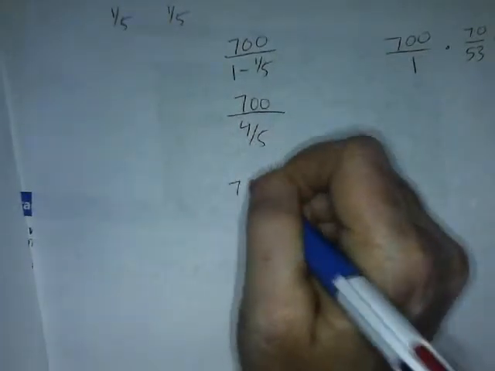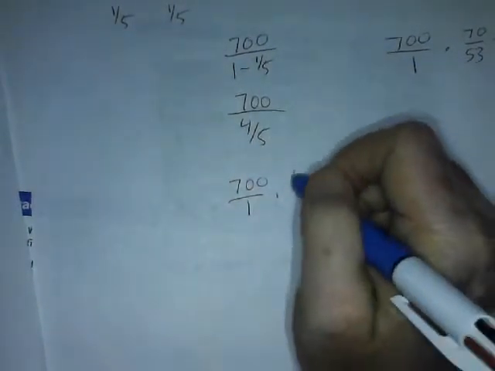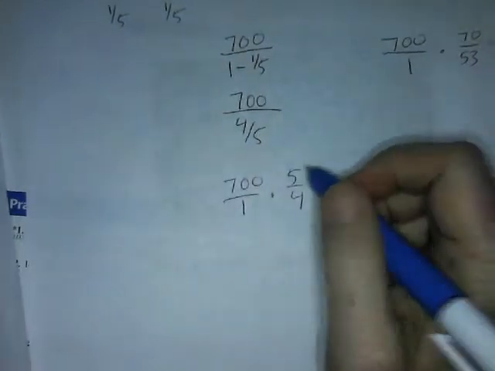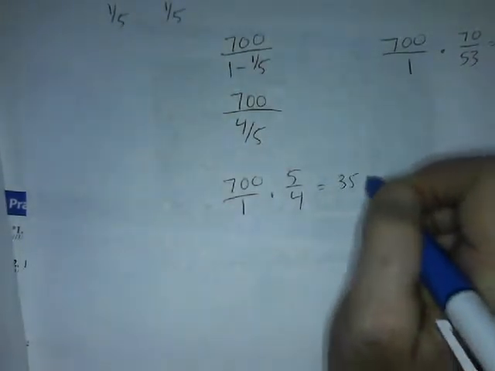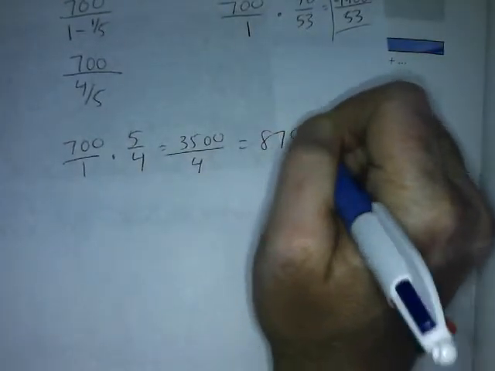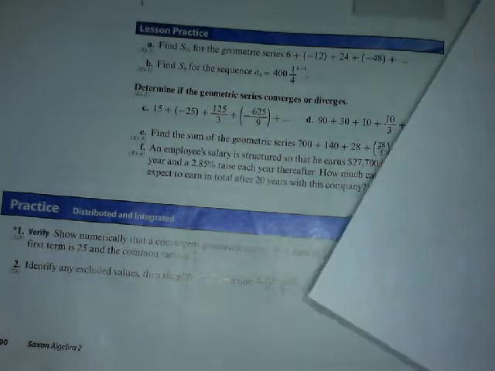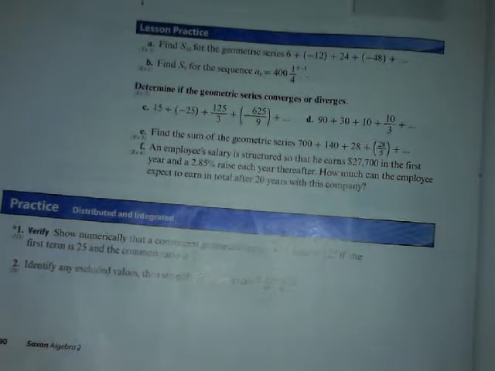Okay, and then if I go 700 over 1 times 5 over 4, that's 35 with 2 zeros over 4, and I'm sure that reduces, divided by 4, that's 875. Sorry about that. I messed it up on the last one because I wrote the problem down wrong. That was letter E. Now I've got totally enough time to do letter F, so I guess we'll do F.